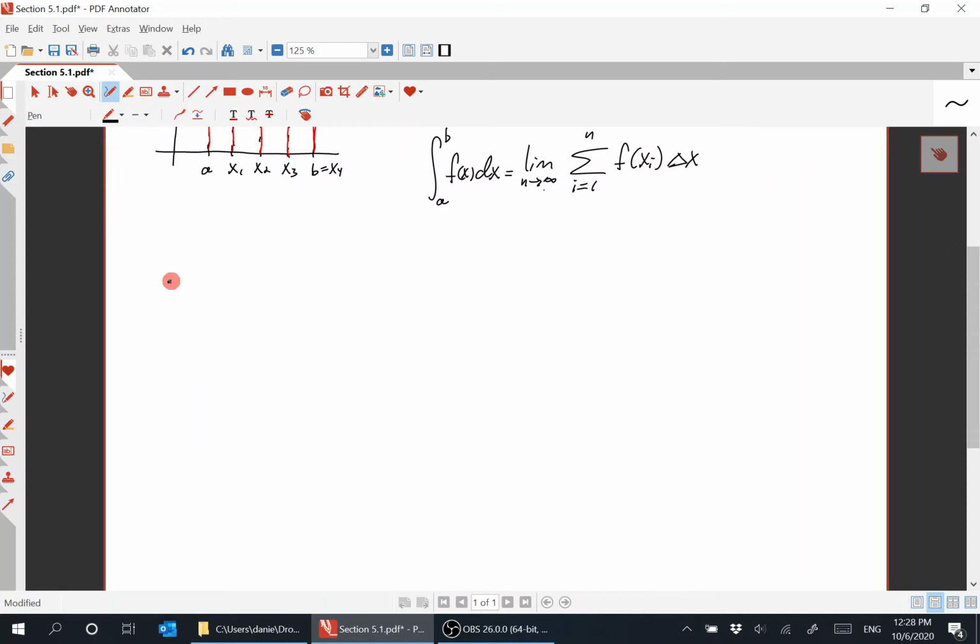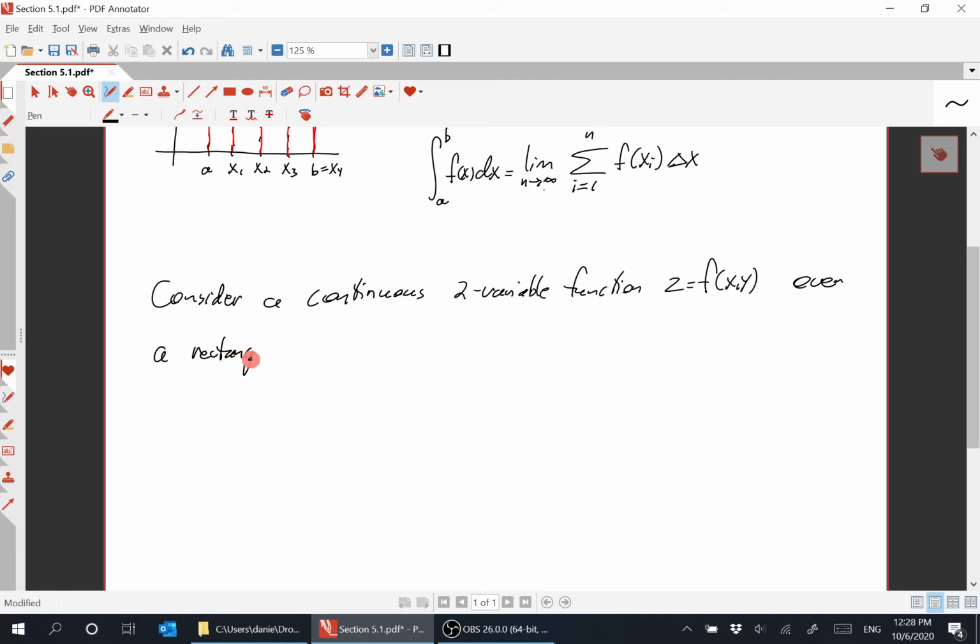Okay, so now consider a continuous two-variable function z equal to f(x,y) over a rectangular region R equal to: a less than or equal to x less than or equal to b, c less than or equal to y less than or equal to d.